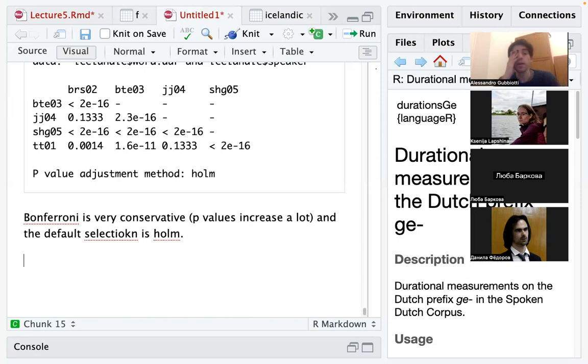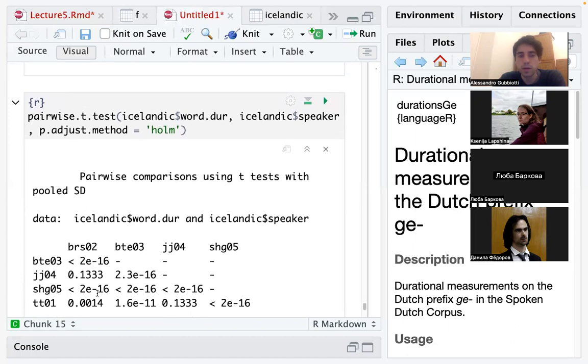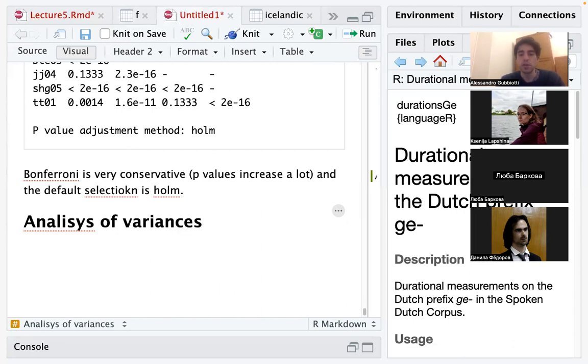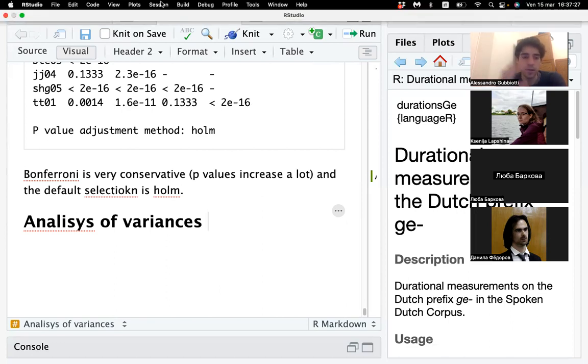So this is what we did last time, and now we want to do another test, which is the ANOVA, the analysis of variances, in which we regard all the groups together.